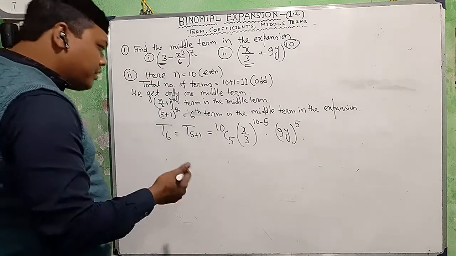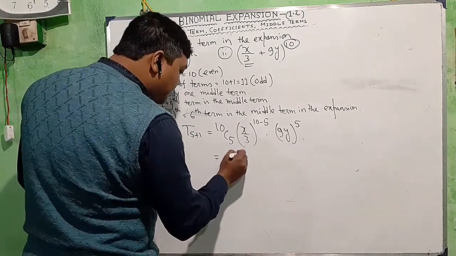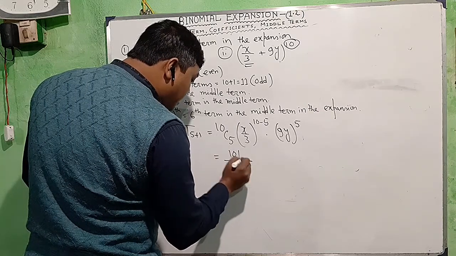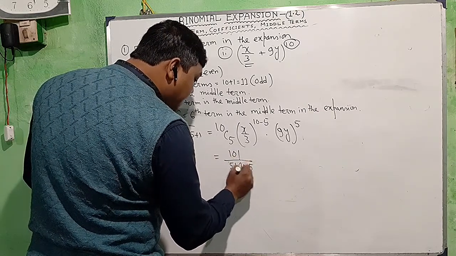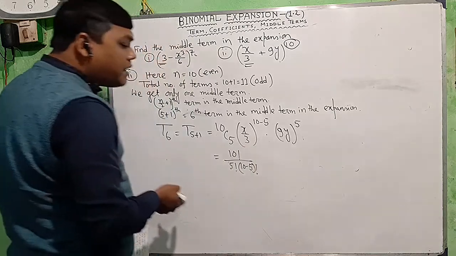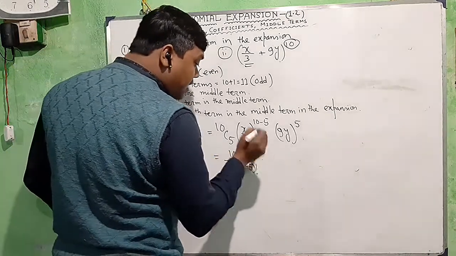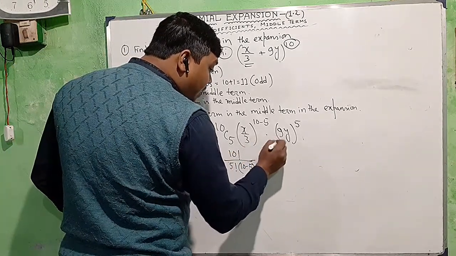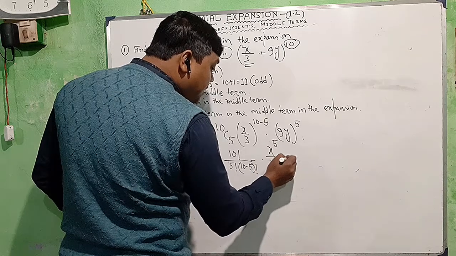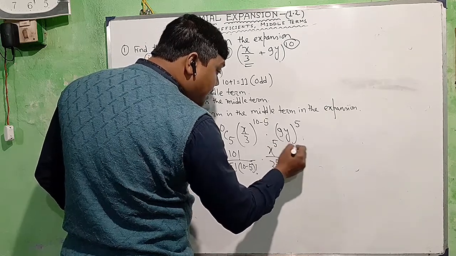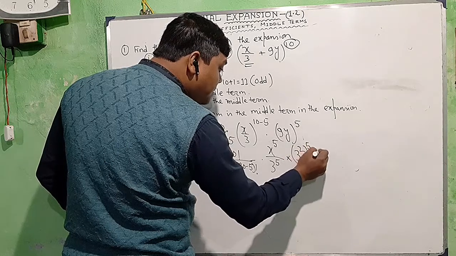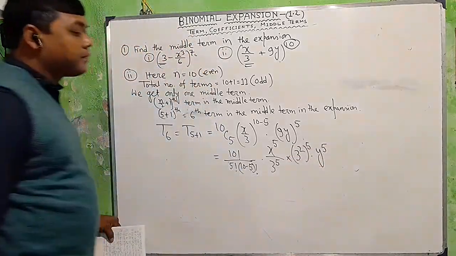So now you can calculate it: 10 factorial by 5 factorial into 10 minus 5 factorial, nCr means n factorial by r factorial into n minus r factorial. This is x to the power 5 by 3 to the power 5, and this is 3 square, 9, means 3 square to the power 5, y to the power 5.